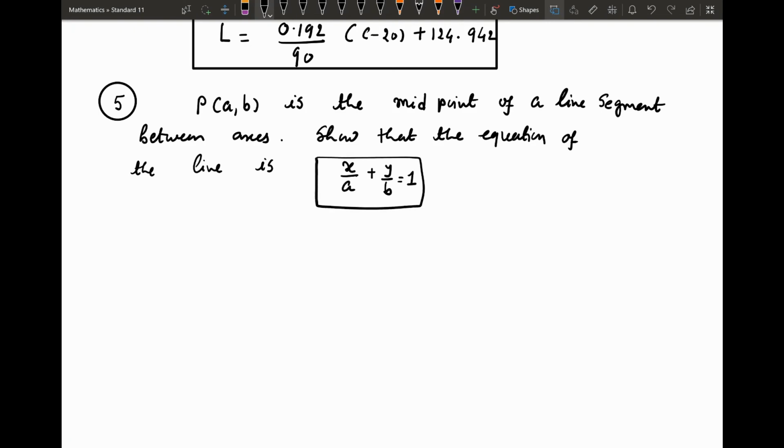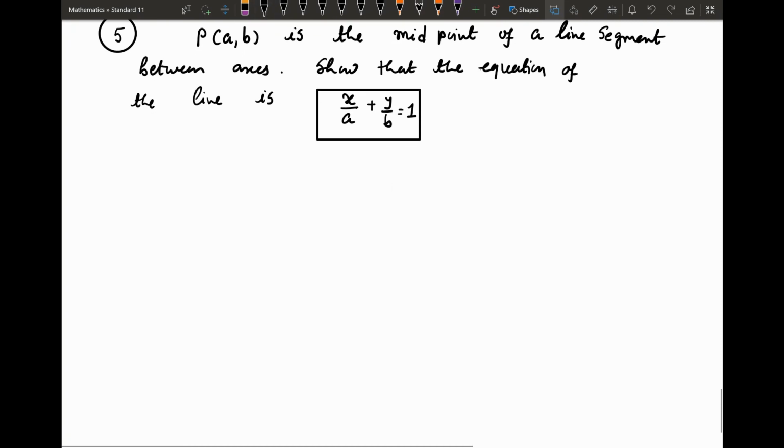This we have to prove. So let us discuss the solution.